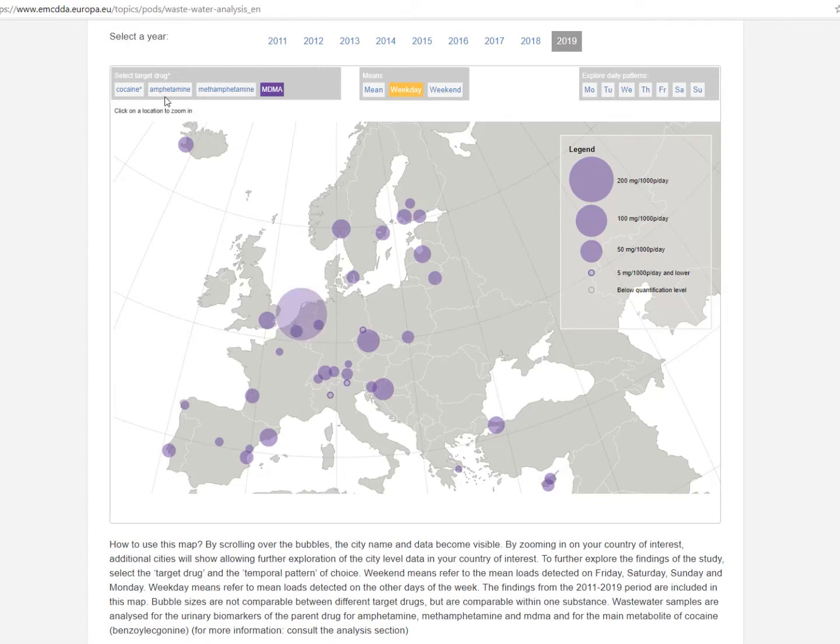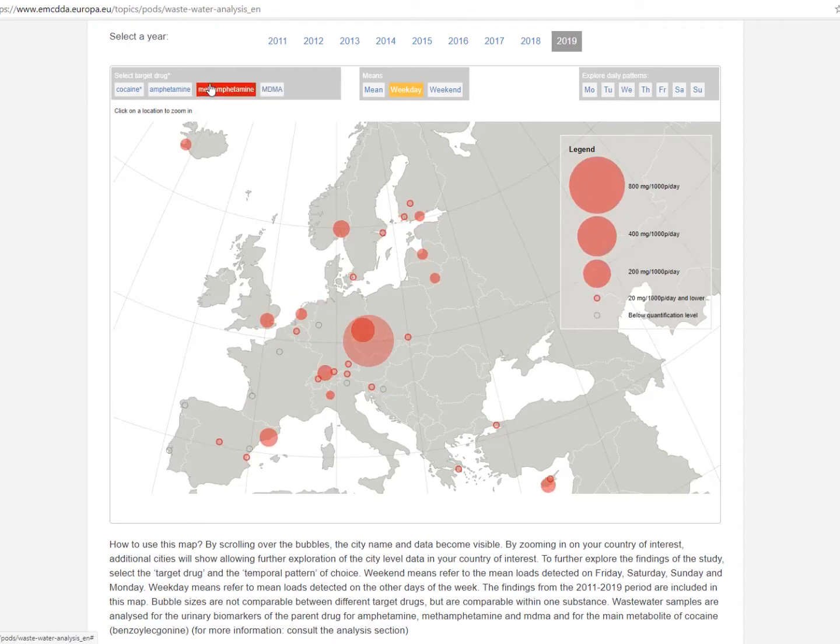You can also look at meth consumption, for example, and you can see that there's almost no meth consumed in Amsterdam, but that you have, for example, Prague or Dresden in Germany being high consumers of meth. Okay? So this is a justification for this study or for this question about alcohol and cocaine consumption. Note that certain drugs like heroin cannot be traced in sewage water.